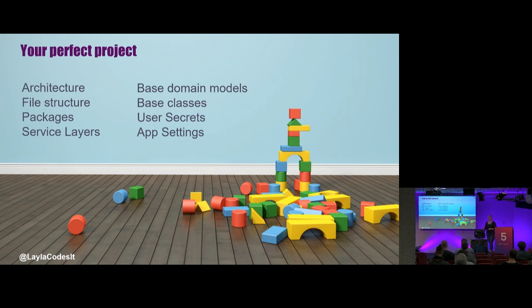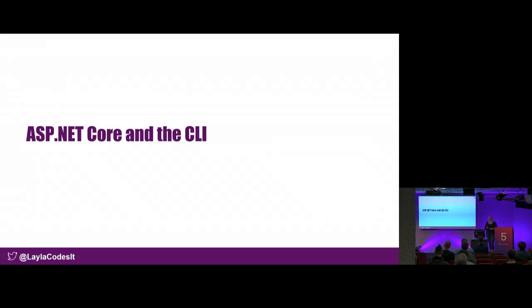That would be something that I was forever going through and copying and pasting because I was a bit lazy. So once you've got these, this is the perfect time to make a template. As of .NET Core 2, you can start to write your own custom templates.